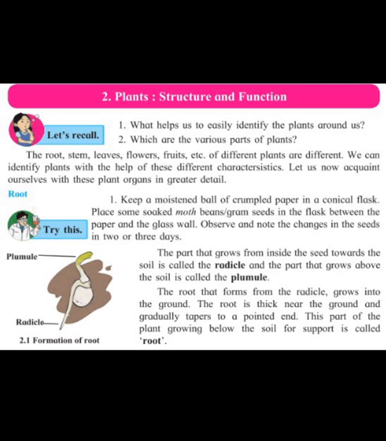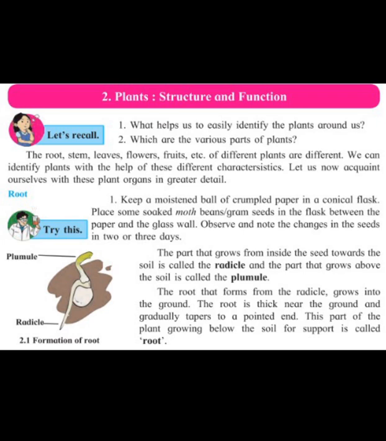Now, children, tell me, what are the various parts of a plant? Yes, the various parts of a plant are roots, stem, leaves, flowers, and fruits. Right, children? Once again, I repeat, the different parts of a plant are roots, stem, leaves, flowers, and fruits.